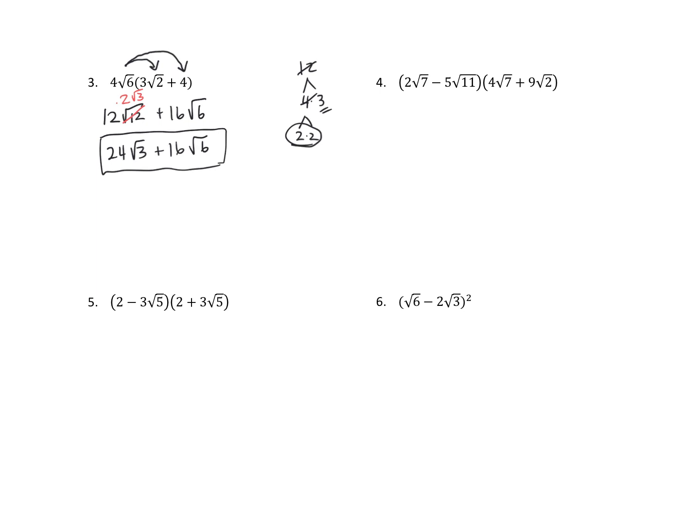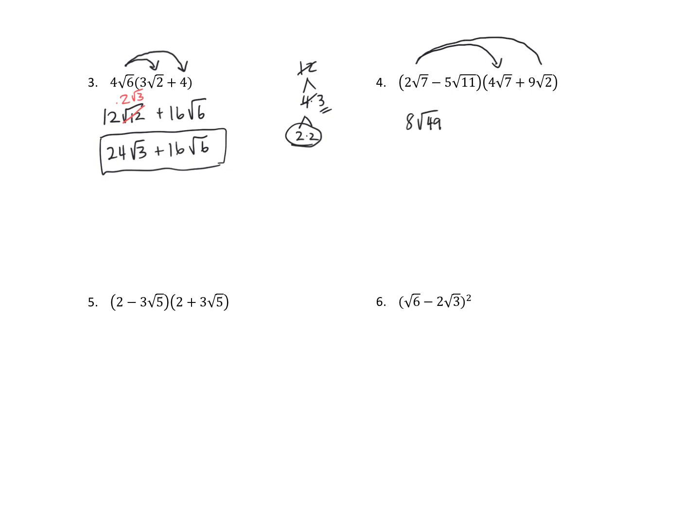Number 4. This is the first time we're multiplying a binomial with a binomial. So 1, 2, and 3 have just been distributing one term to a binomial. Now we're distributing 2 terms to another 2 terms. So let's start with the 2 square root of 7. We'll multiply there, and we get 8 times the square root of 49.